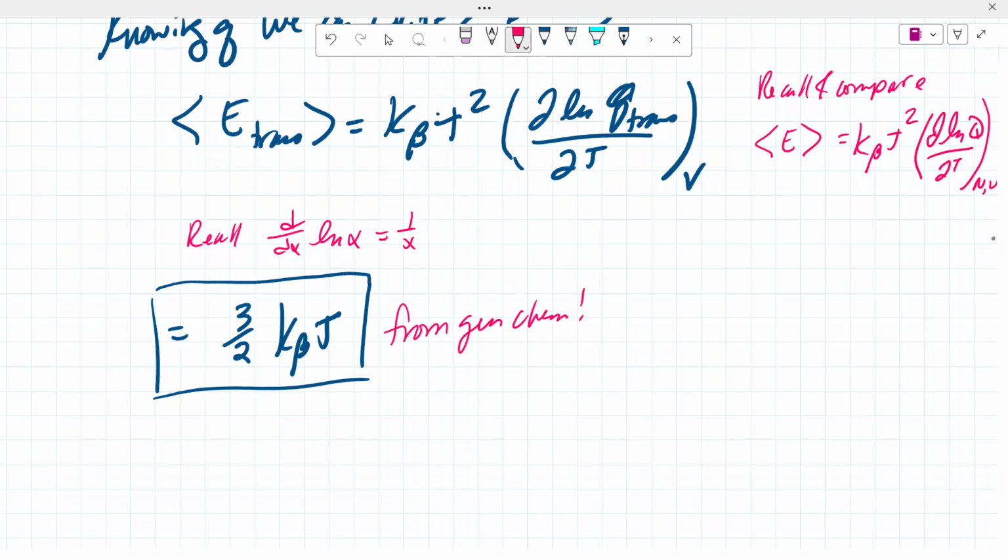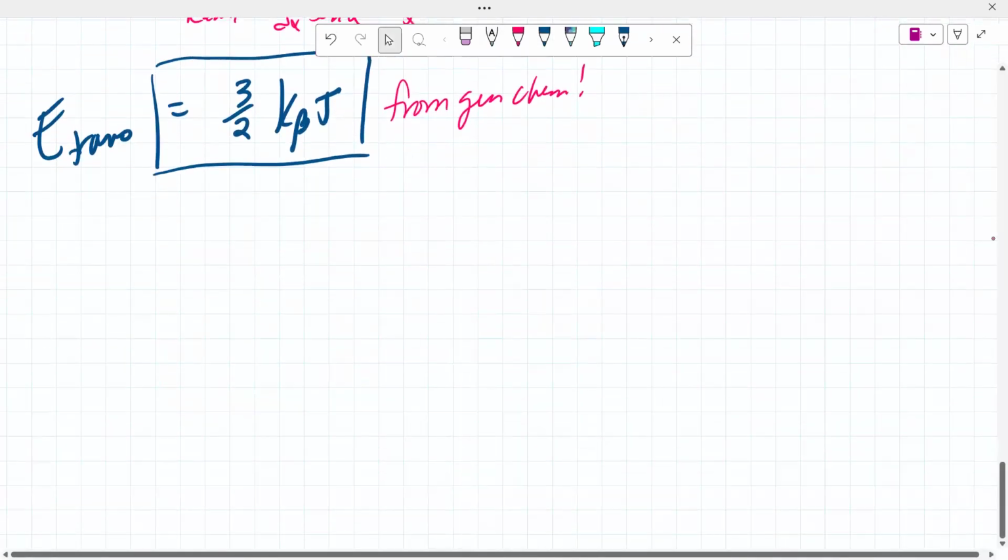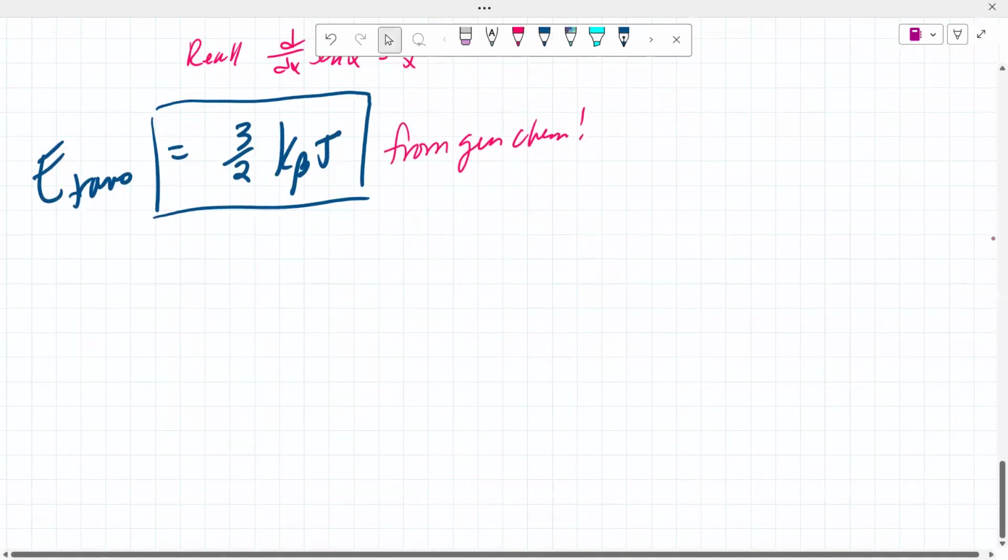So again, we've arrived at a fact you probably learned, that E trans equals 3/2 kT. Now you see why. We just derived it using these equations. Right. Now there's the electronic partition function. This one is kind of important, so I'm going to go ahead and just highlight that for our future reference.